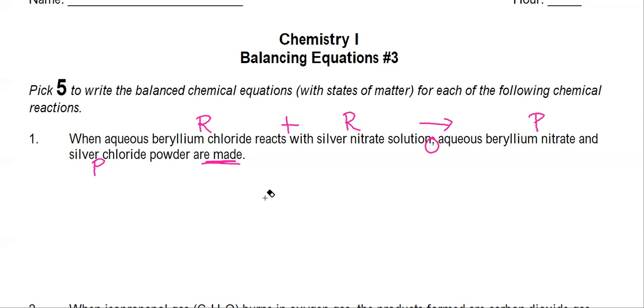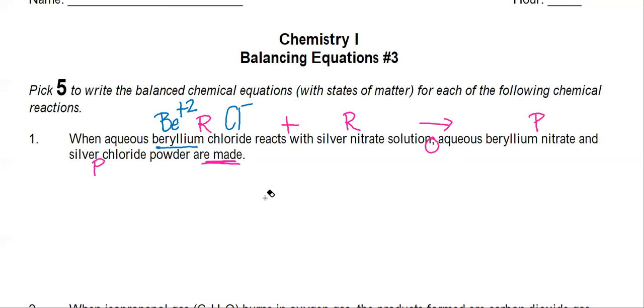Okay, so beryllium chloride. Beryllium is Be on the periodic table. And if you look for beryllium, it's on the left side in the second column. So that means that it has a +2 charge. Chloride, you could look for that on the back of your periodic table, but you won't find it because that's just chlorine, Cl, and that has a -1 charge based on its column.